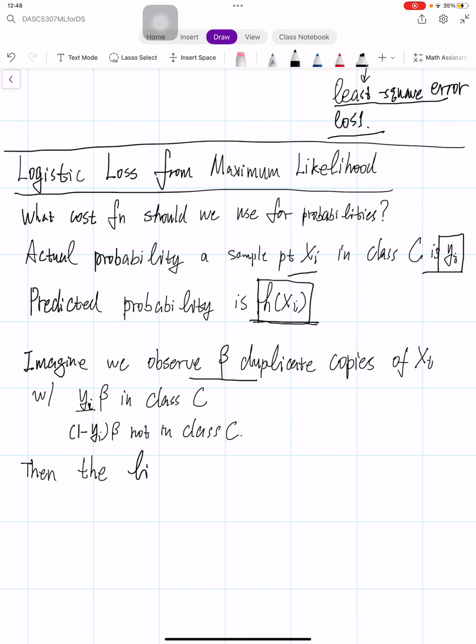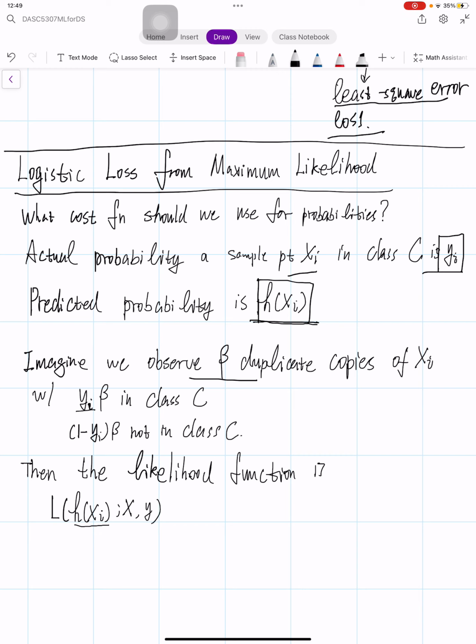given by, so now suppose we have some model h based on some covariates xi, we estimate some probability y hat i, based on the x and y.